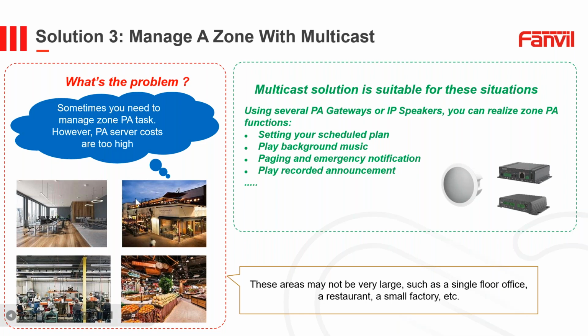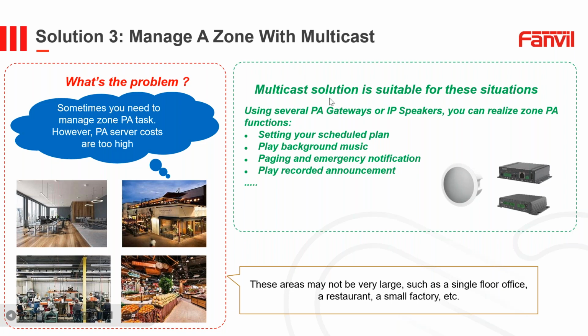But in this situation, a server may cost too much, and your customer doesn't need a very complicated solution. They may just need some simple functions like speaking or playing music to all rooms. So this time, solution 3 is suitable for you.